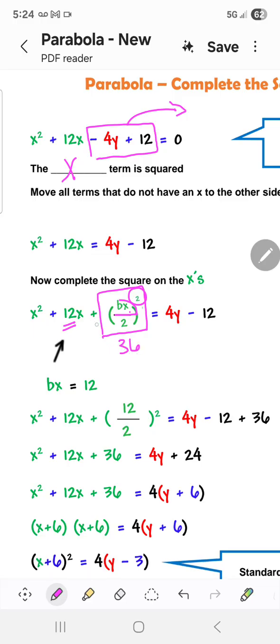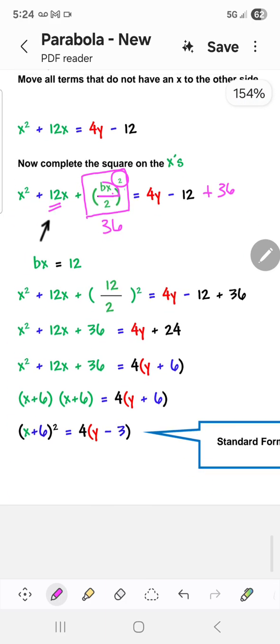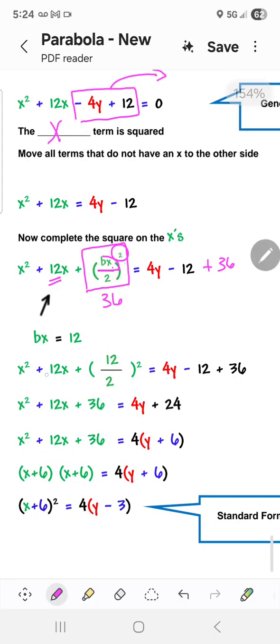That means I need to add 36 to this side, but also to this side. Because if I don't, I'm not balanced, okay? It does not even out. So I've written this all out here. You've got the 12 divided by 2 squared and so forth. Over here, you'll notice these two values are just numbers, 36 and minus 12. So do the math and you just get 24. Just clean that up.